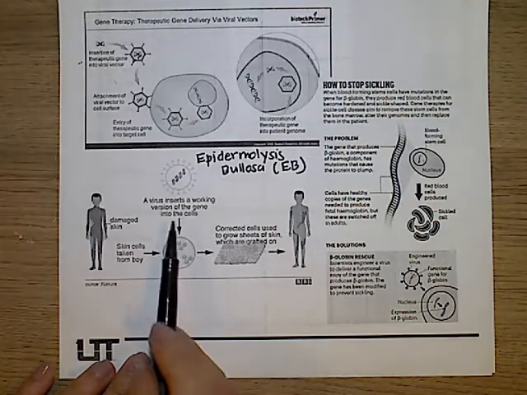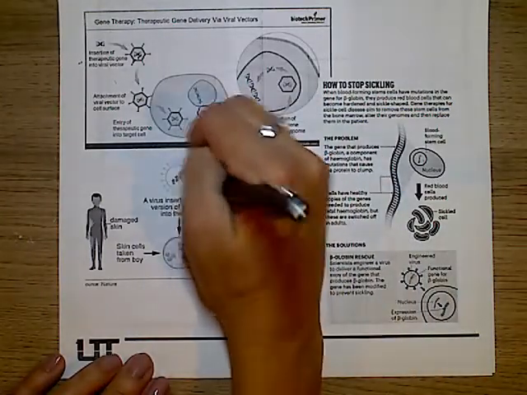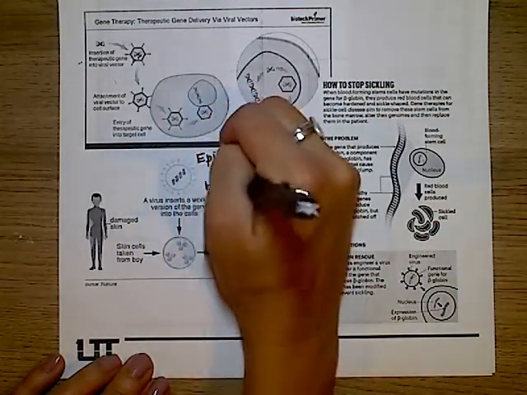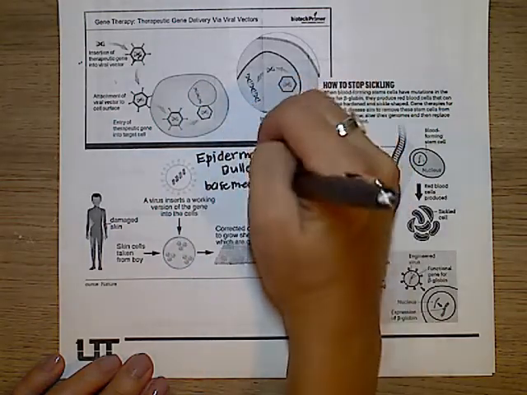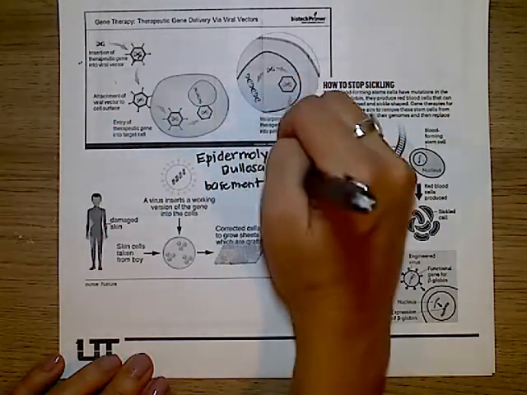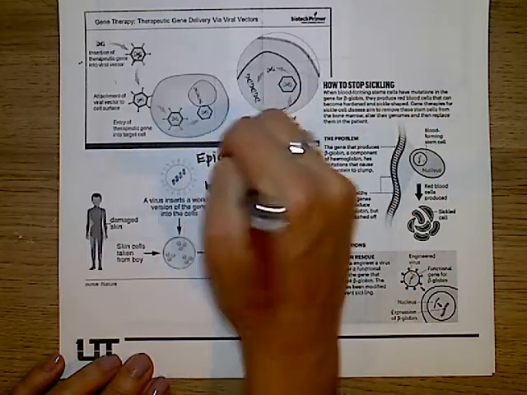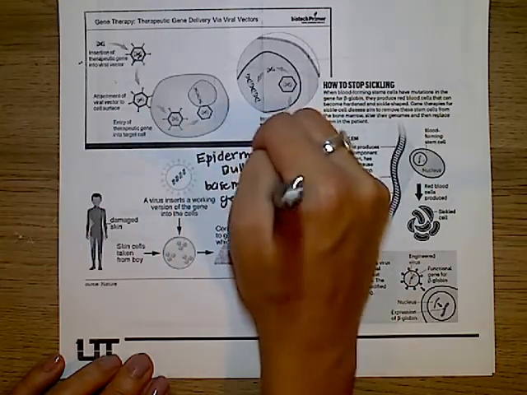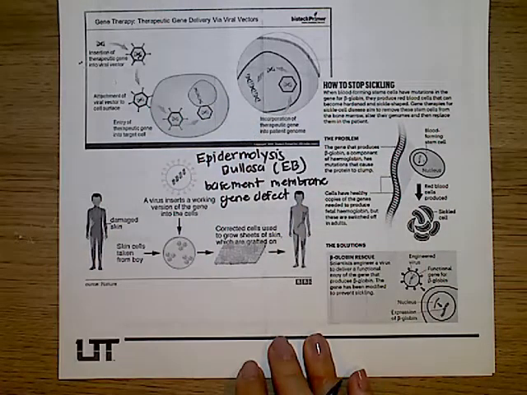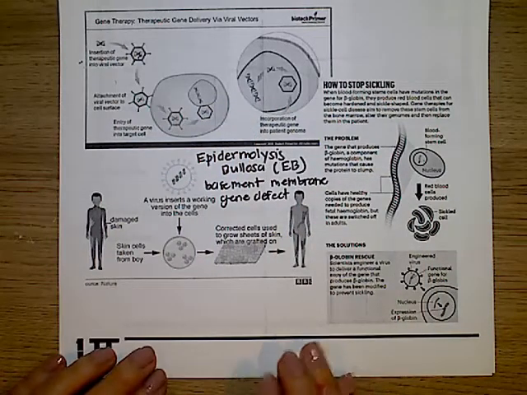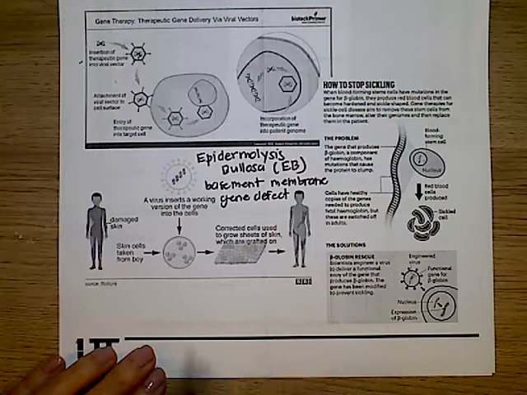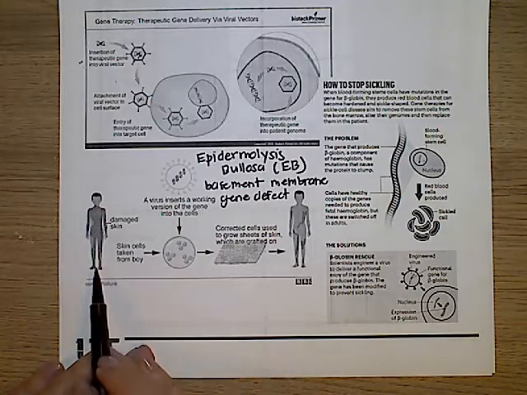So with this, let me add, this is a basement membrane gene defect. So this is a patient, most of their skin is damaged.